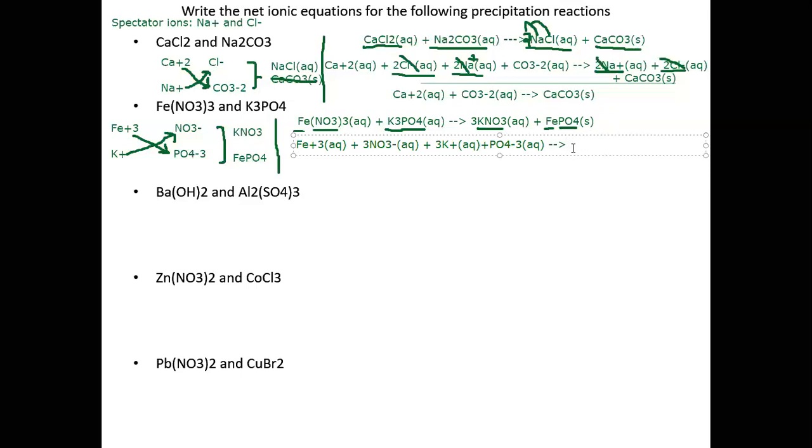Now that 3 in front of KNO3 gets distributed to the potassium ion and the nitrate. And then the iron 3 phosphate we leave intact.